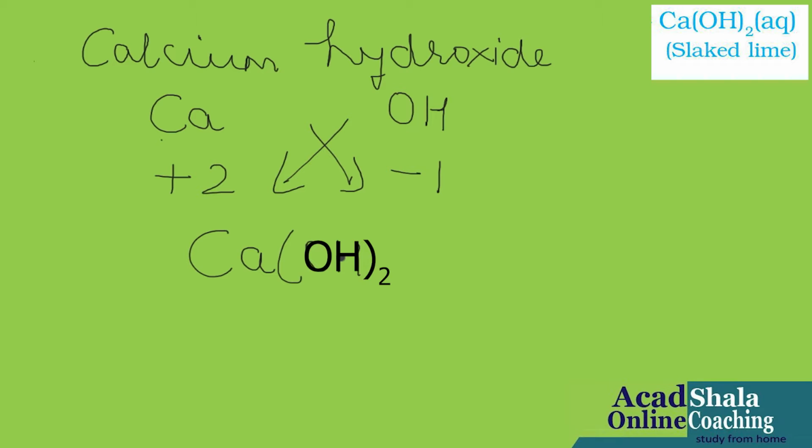Now that I will tell you how slaked lime is formed. We have done it before, but still we will do it just now, along with writing the common name. So I write it over here, that is calcium hydroxide.